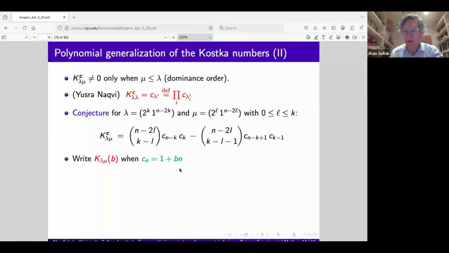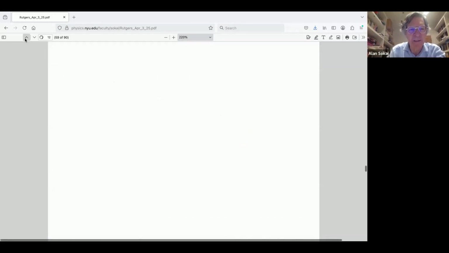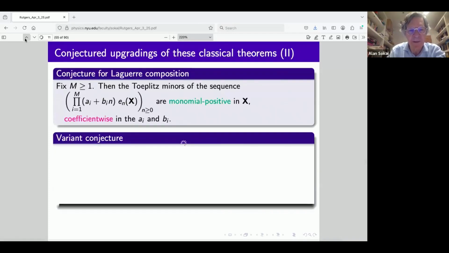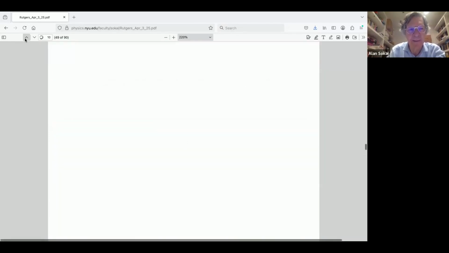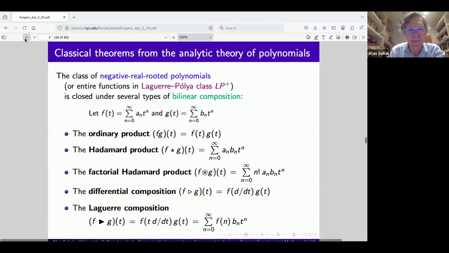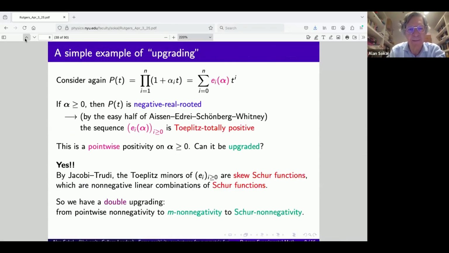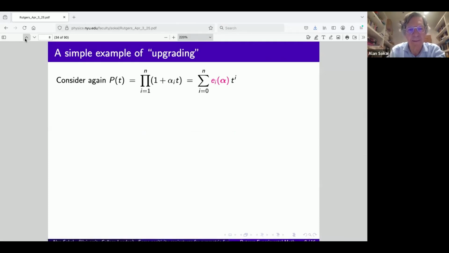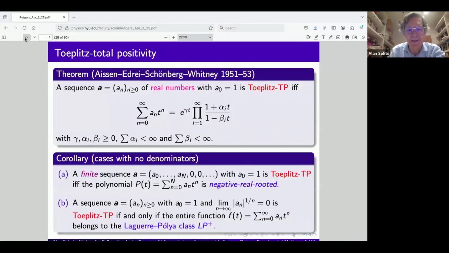Total positivity of Toeplitz matrices, well, you saw it's related over the real numbers to the Aissen-Schoenberg-Whitney-Edrei theorem. Where was that? That's it? No? There.